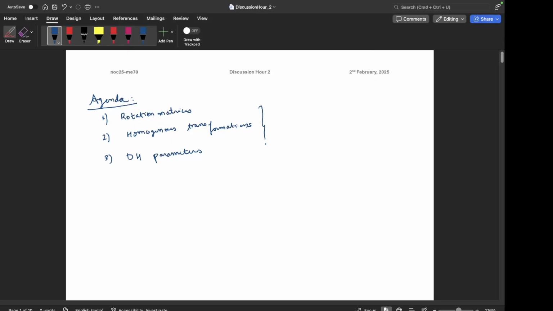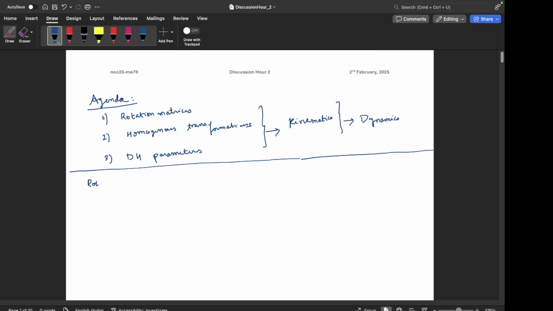Right, so this will lead us to the kinematics, and kinematics will finally be used in arriving at the dynamics, which is our final goal. All right, so getting started with the agenda for today. First is rotation matrices.